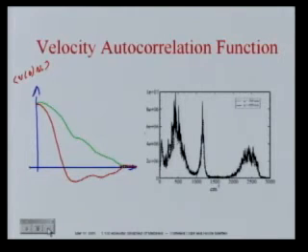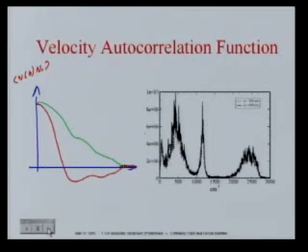One of the interesting things that you obtain from the velocity autocorrelation function that you don't obtain from the slope of your mean square displacement is what we call the power spectrum. That is, you can look at a system like a liquid and figure out what are the typical vibrations in your system.